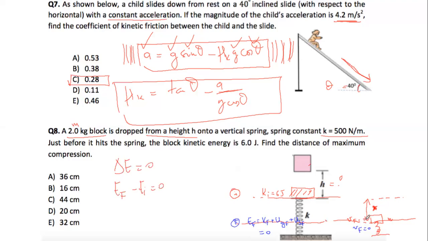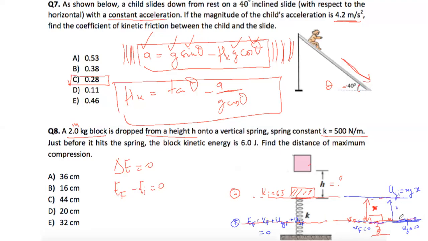What is UG final? For gravitational potential energy I need a reference. So I will take the reference to be here, y equals 0 here. So UG final is 0. UG initial is mgx, above my reference, or my ground.